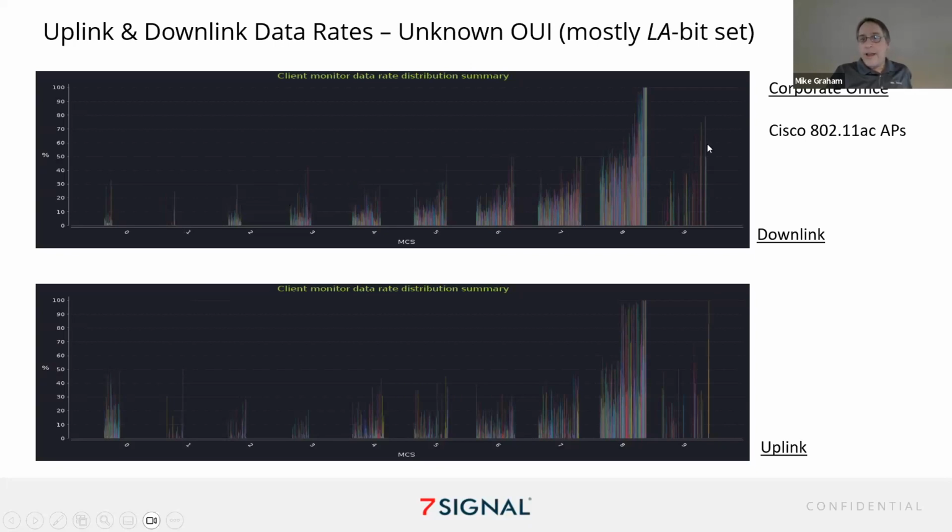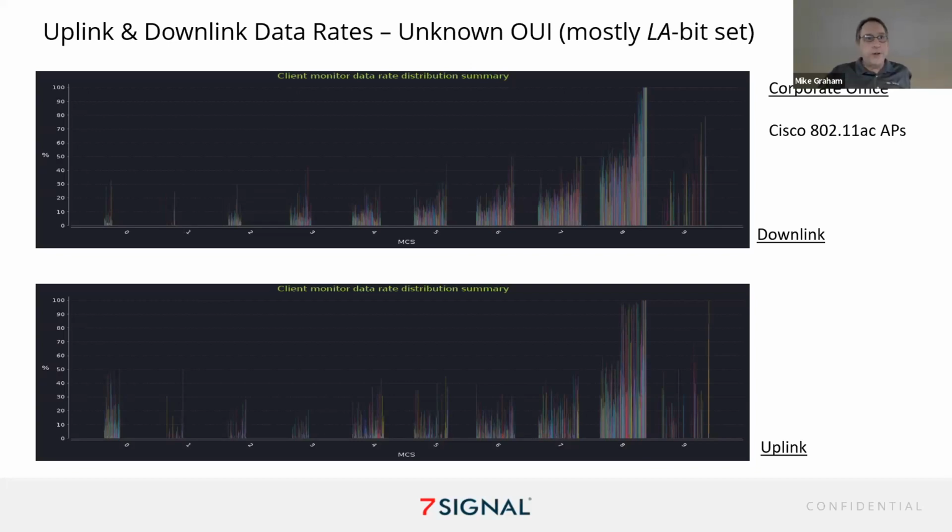But, I wanted to talk a little bit about MCS 9 and why it is that we don't see a lot of MCS 9 on the network. Is it a case that we just can't achieve those data rates? And it really isn't.